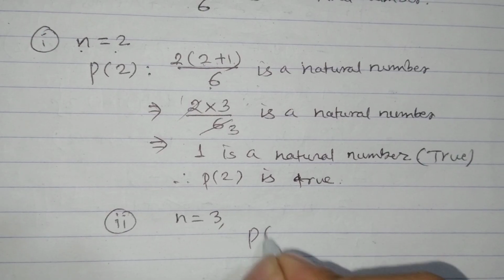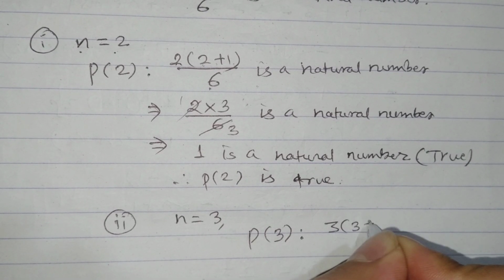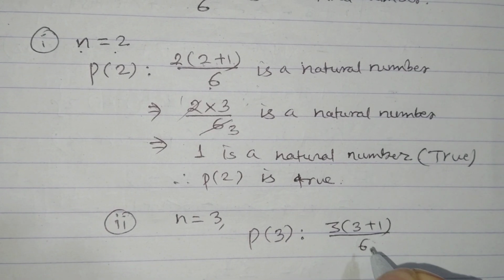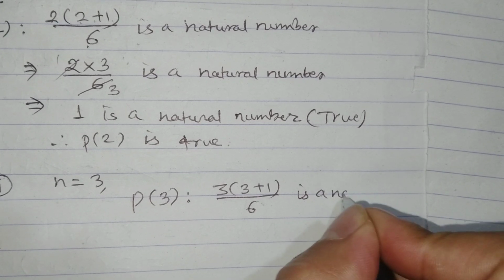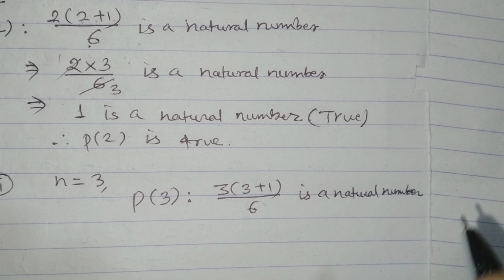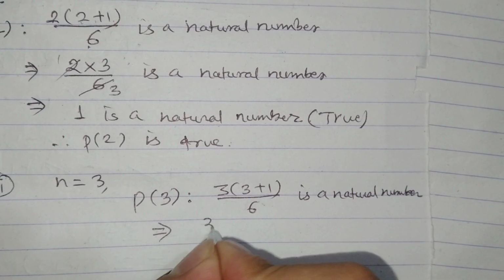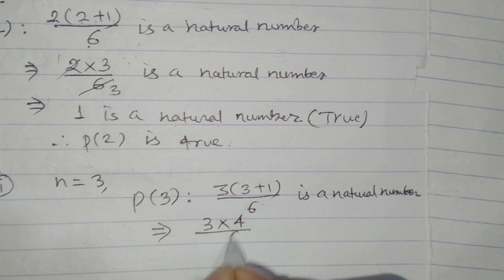And next we check the same for n equals to 3. So for n equals to 3, P3 is 3 times 3 plus 1 by 6 is a natural number. So this is 3 into 3 plus 1 is 4 by 6.